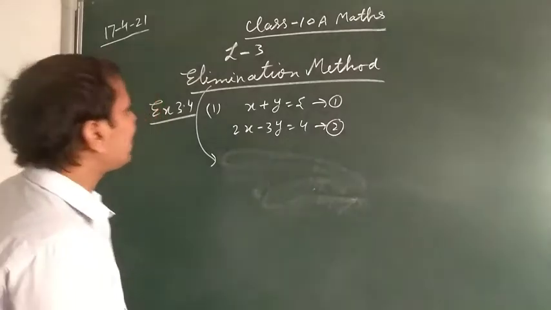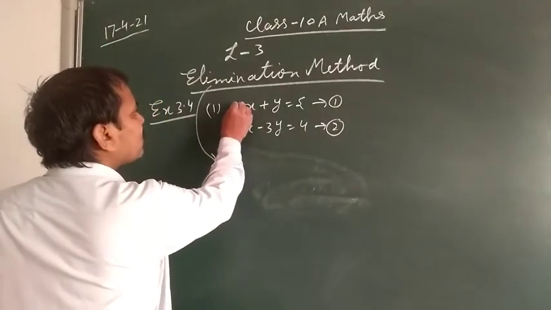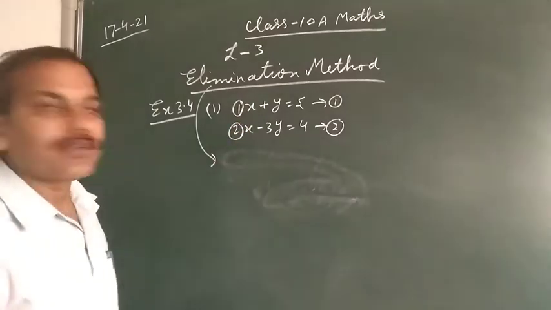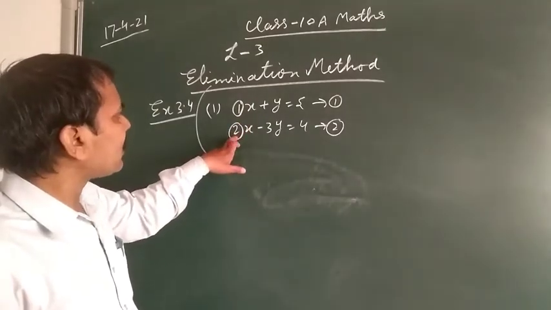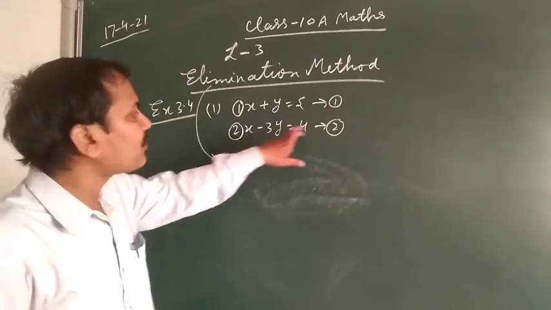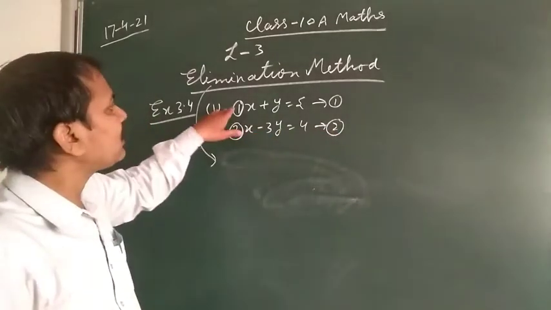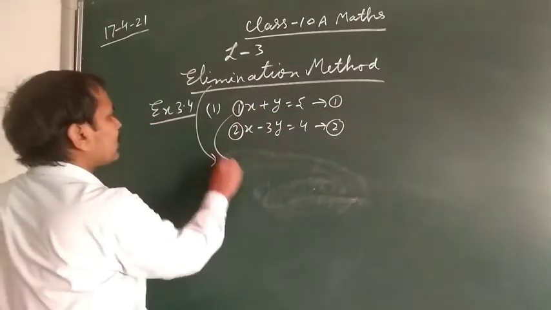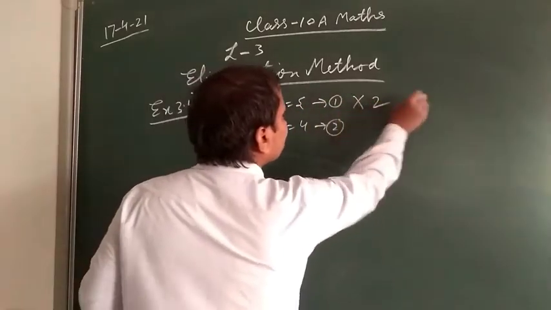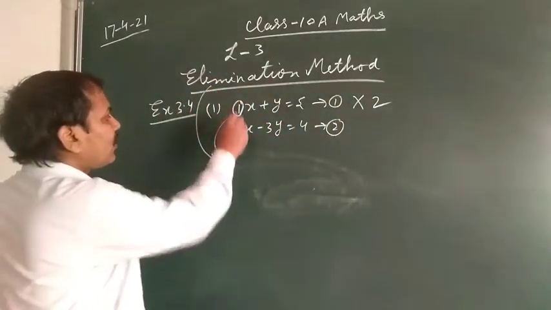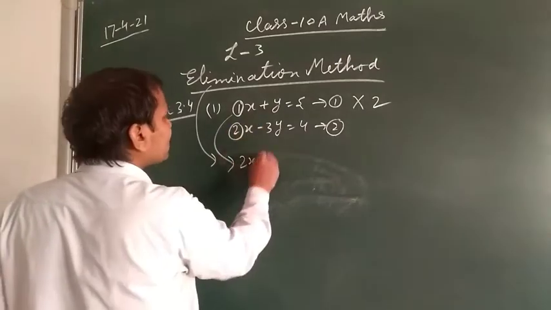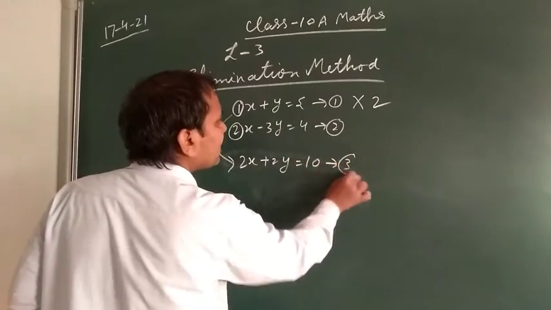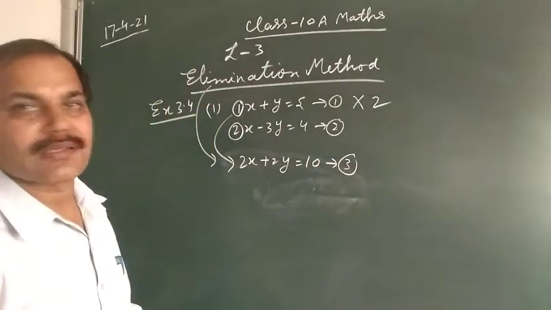So here you see the coefficient of x, not given, means 1, and here 2. So if we multiply equation 1 by the coefficient of x of equation 2, that is, multiply equation 1 by 2, we get 2x plus 2y equals 10, and it becomes equation 3.